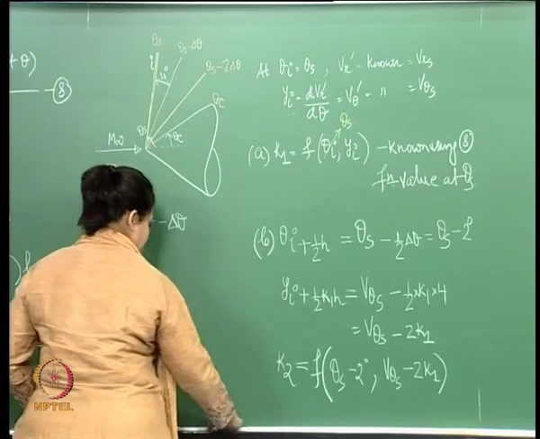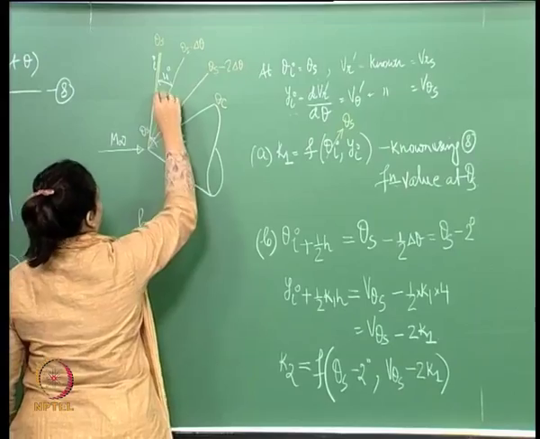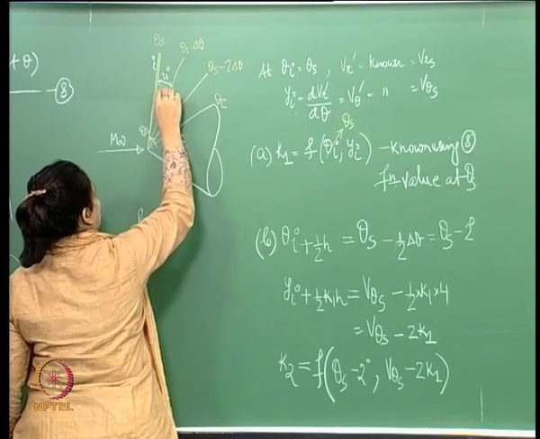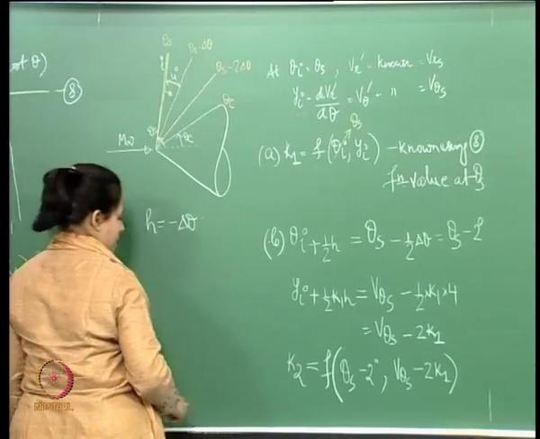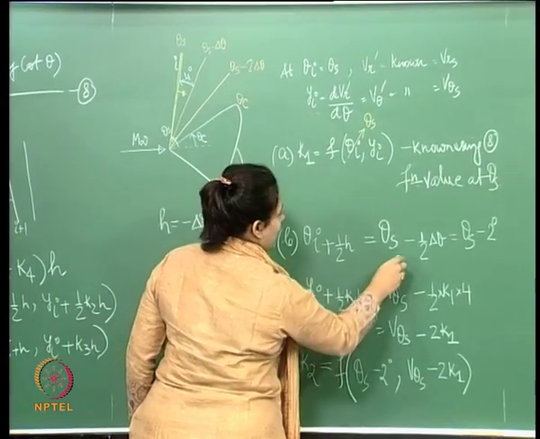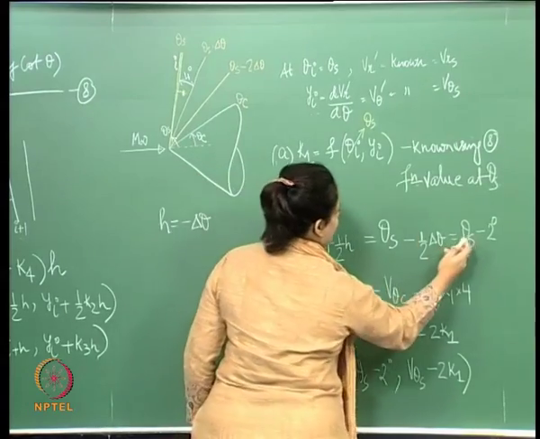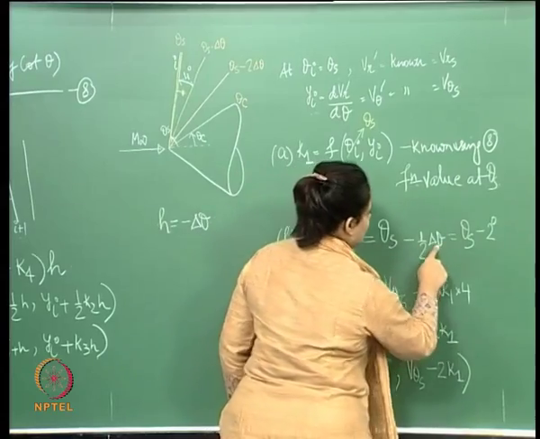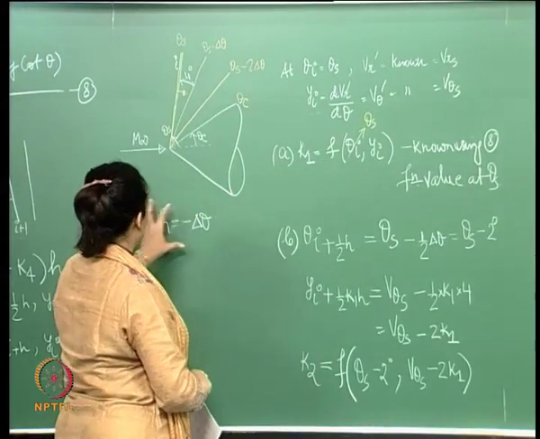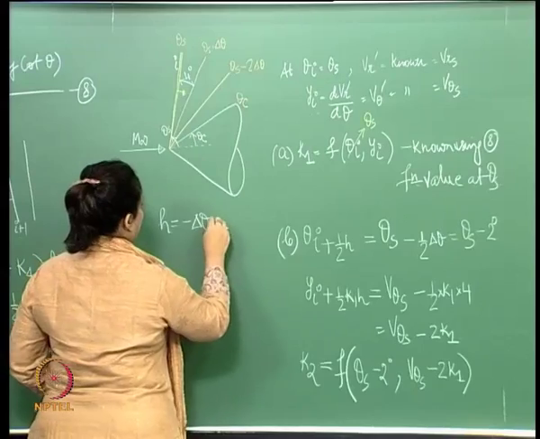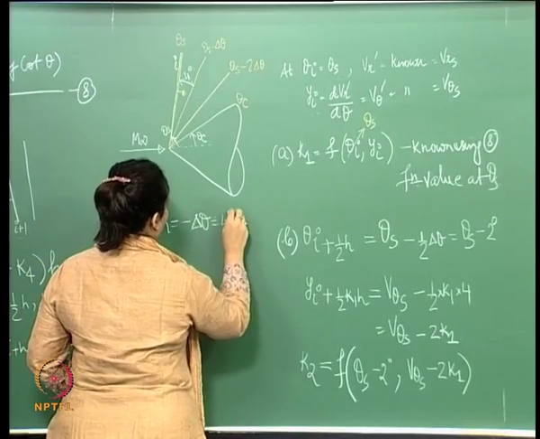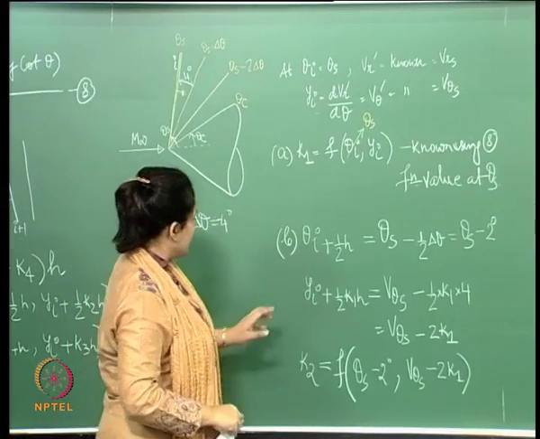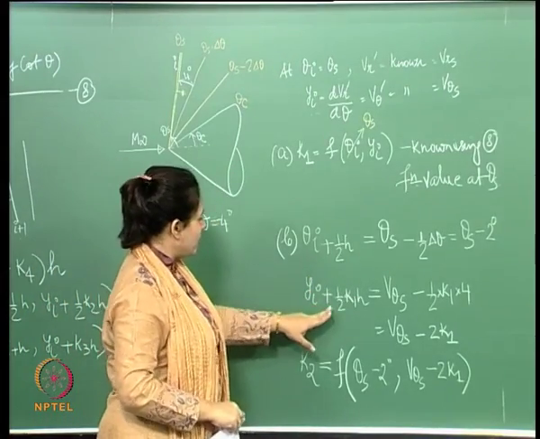So basically we are going from here and coming halfway, which is what we have done over here: minus half of delta theta, which is theta s minus half into 4. We have just let this be 4 degrees for this particular purpose. And then yi plus half of k1 h.